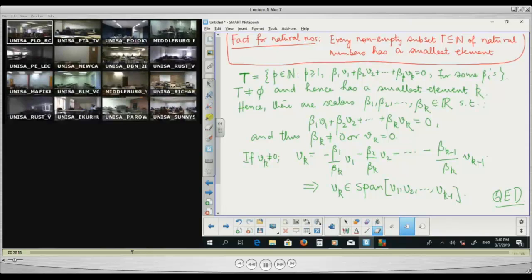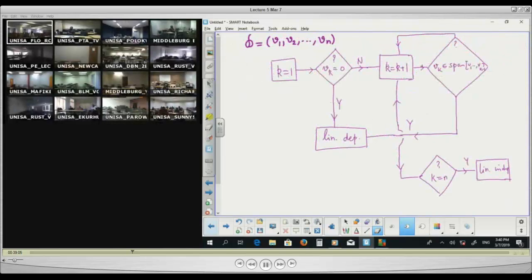So this is the algorithm for testing linear independence or dependence of a list.